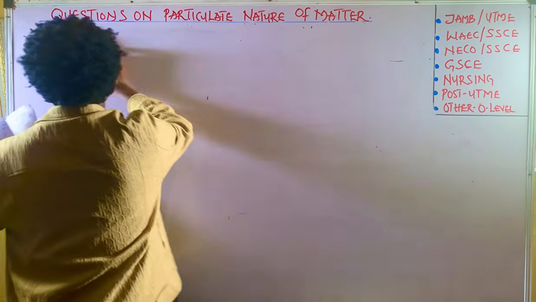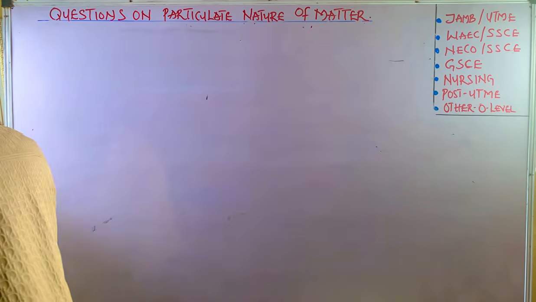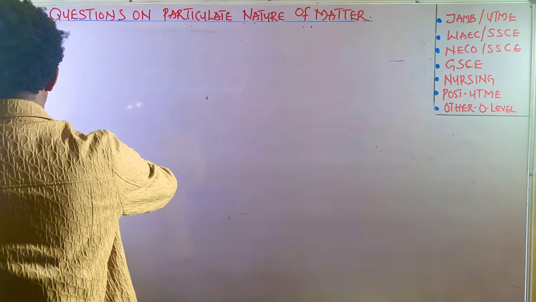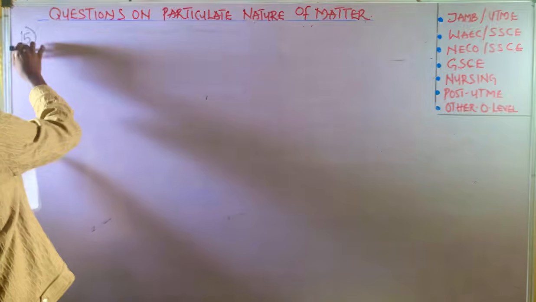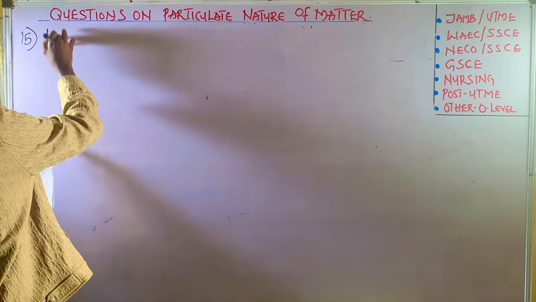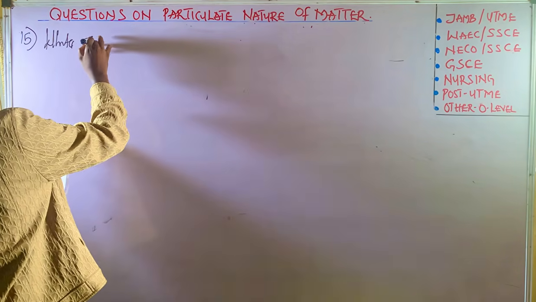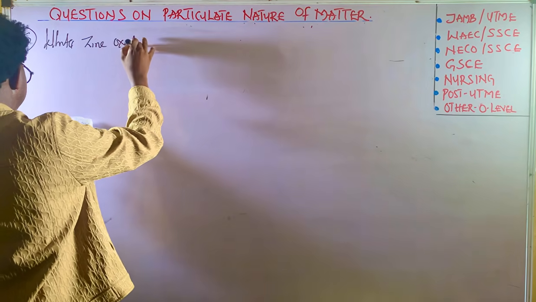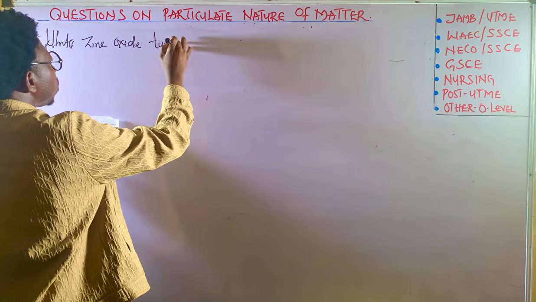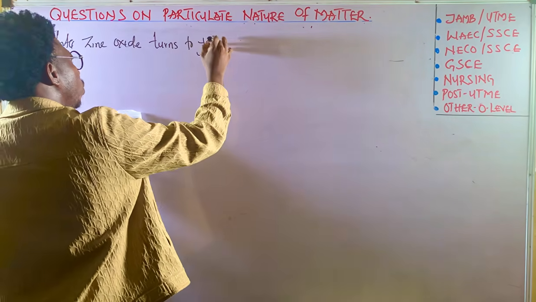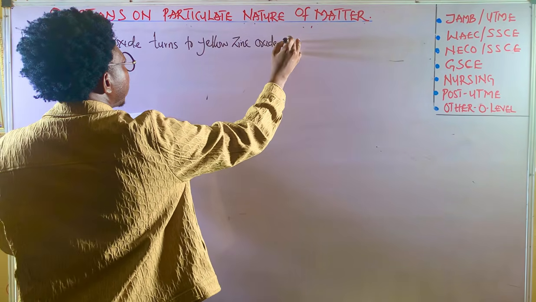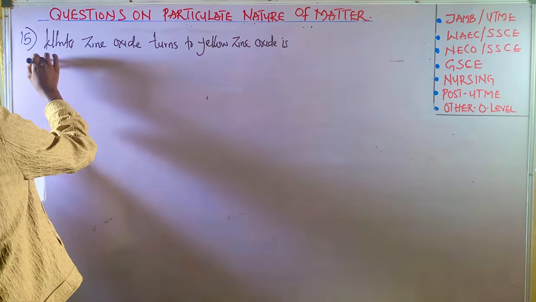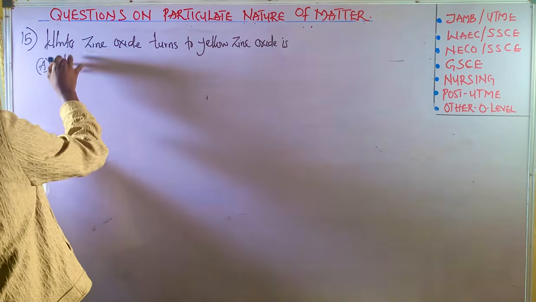Question number 15. White zinc oxide turns to yellow zinc oxide. Option A, physical change.